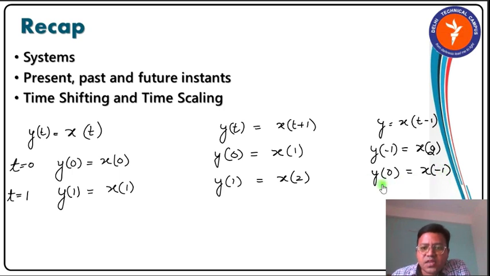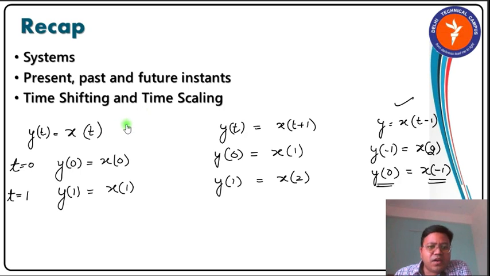Now this says that output at the instant t equal to 0 will be equal to the input at t equal to -1. That is, the present output will depend upon the past values. So this system is saying that the present output will depend upon past values. This system is saying that present output will depend upon future values, and this system is saying the present output will depend upon present input only.